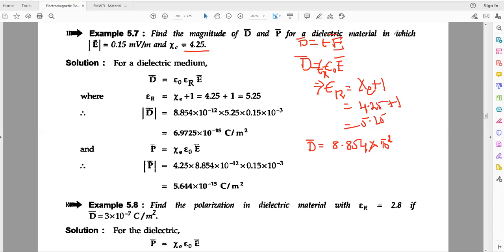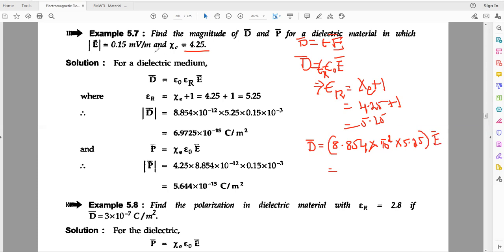But here, for the dielectric material, χe plus 1 is nothing but epsilon R, which is 5.25. And here you can see the E bar is also multiplied. The total function is epsilon naught and epsilon R into E bar.